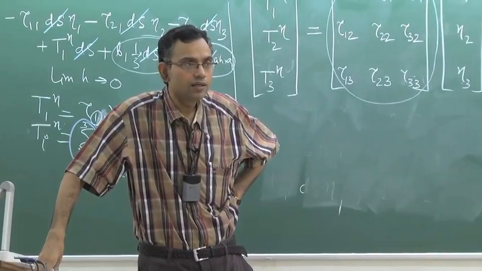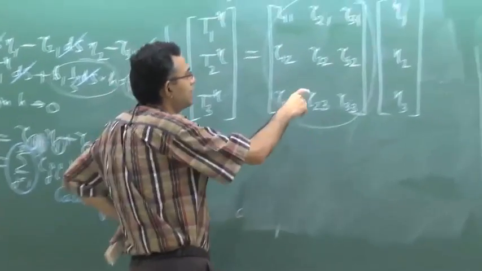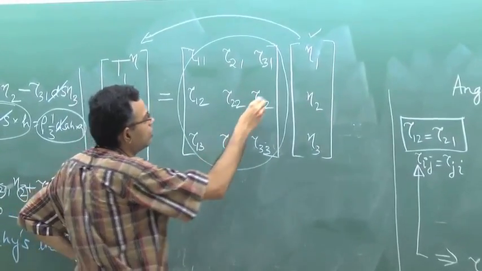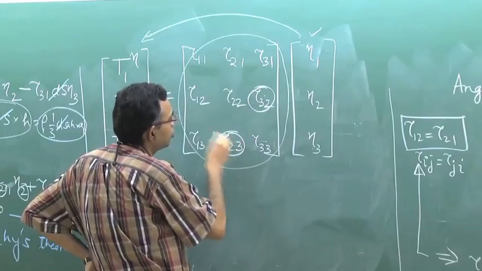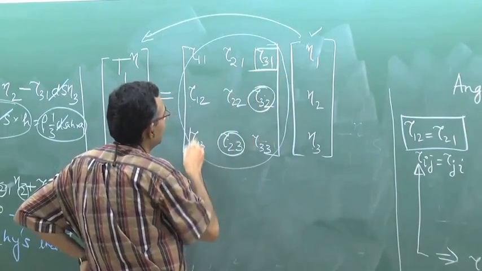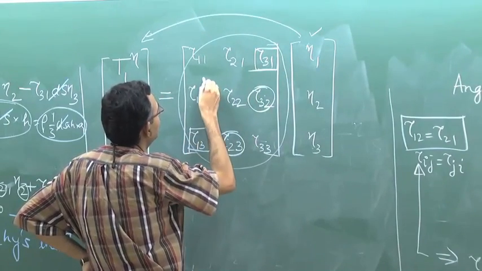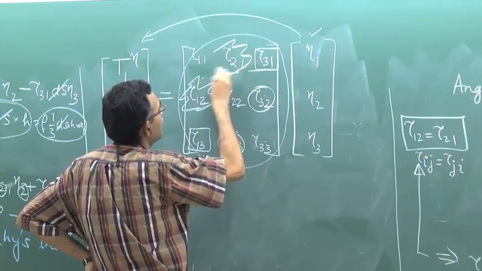Now, once we have derived this, you can see that out of these 9 components, tau 32 and tau 23 are equal, tau 13 and tau 31 are equal, and tau 12 and tau 21 are equal.